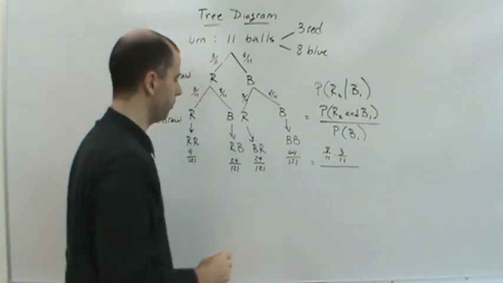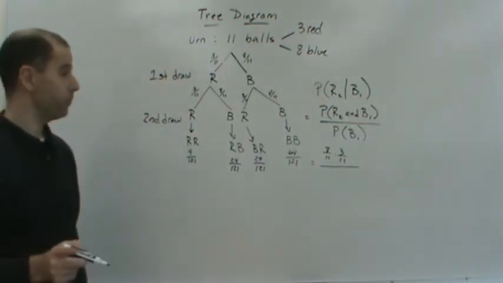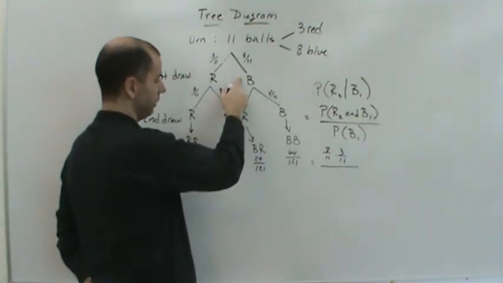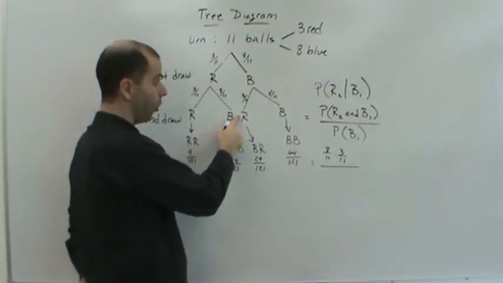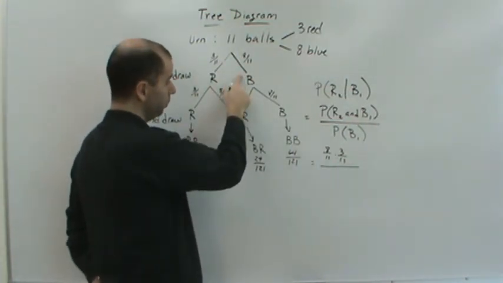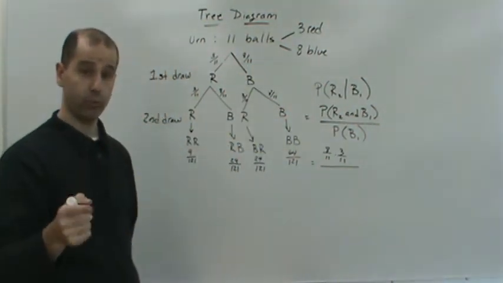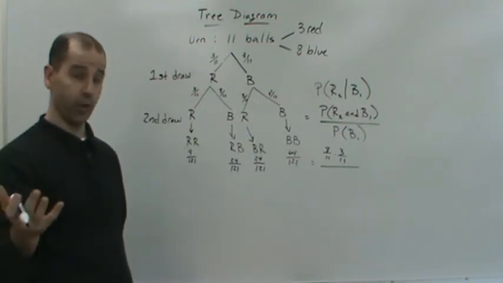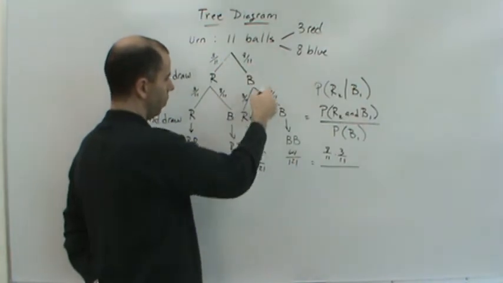And what's the probability of getting blue on the first draw? Well, that means I could get blue on the first draw here and then get red on the second draw, or I could get blue on the first draw followed by a blue on the second draw. Both of those outcomes would give me blue on the first draw, right? So we have to consider both of those. So that means it's going to be either this one or this one.